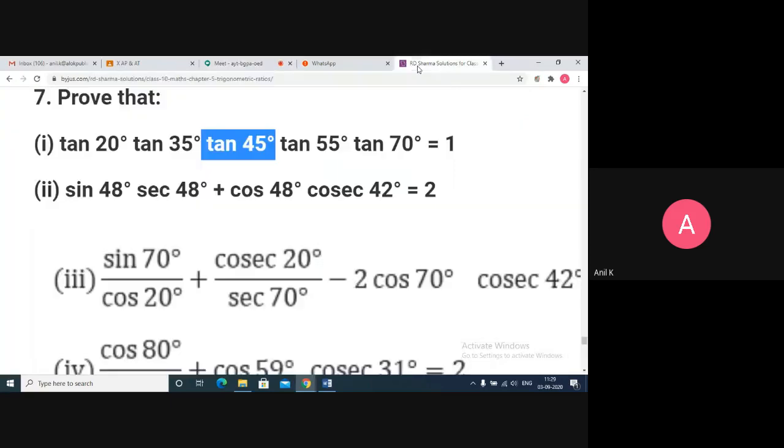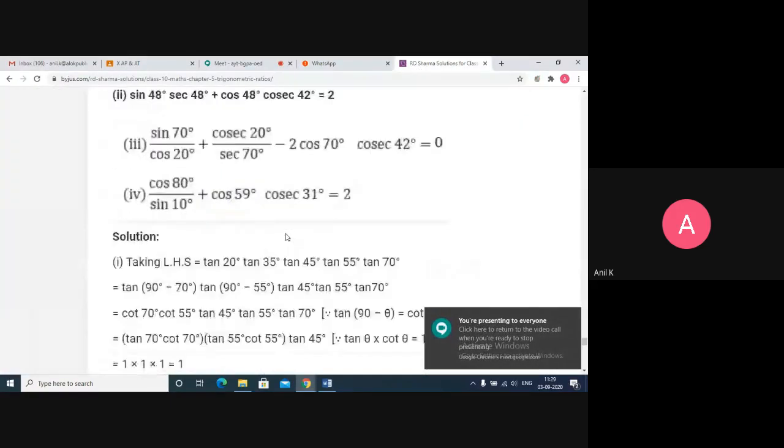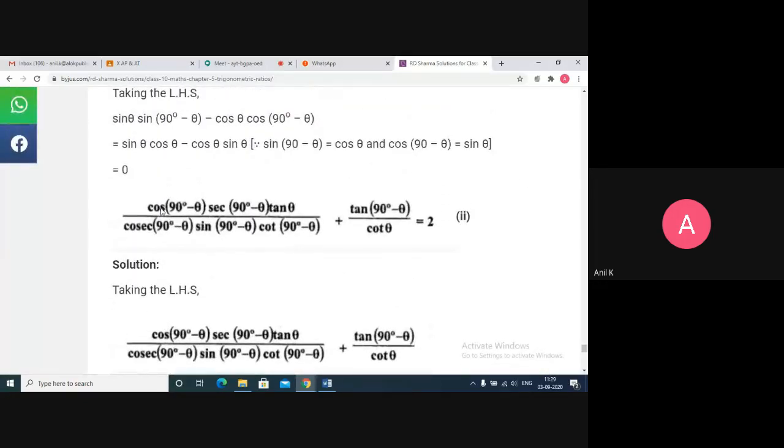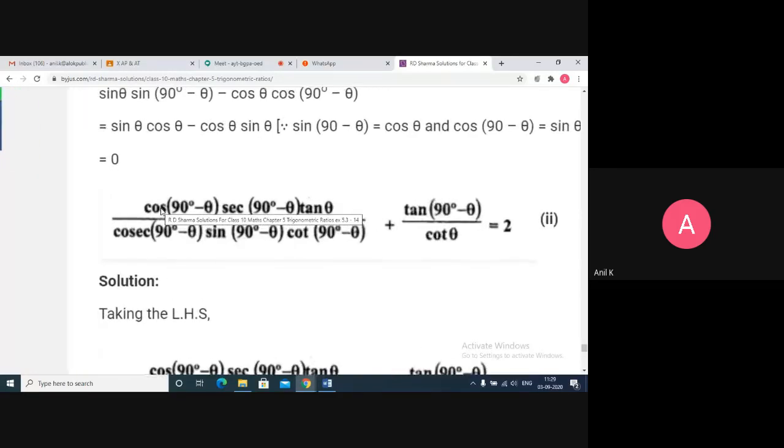So let me move to another type of examples. You may consider this also. Try this one.